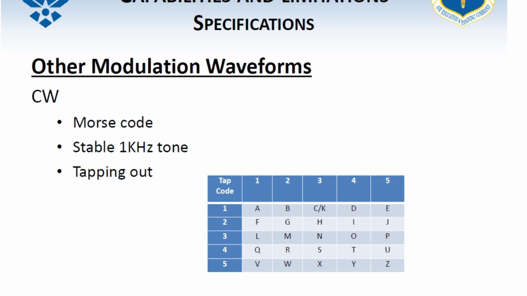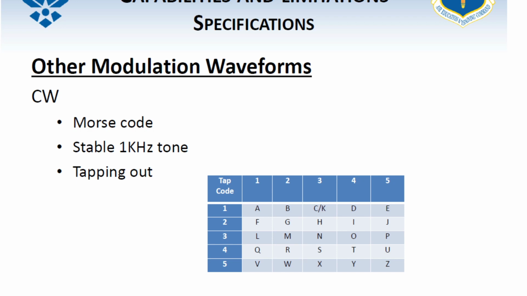So if I tapped once, and then I tapped again, what letter of the alphabet did I just tap? A, absolutely. If I tap twice and then tap three times, what letter do I have? Would that be M, sir? That would be Mike. Perfect. Any questions on CW?